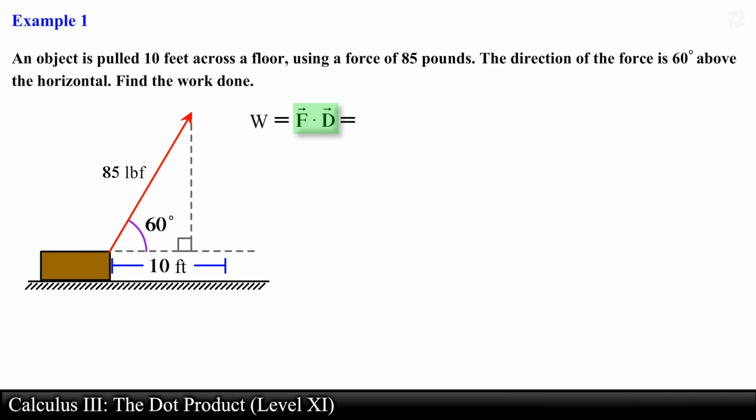Now, there are two different ways to solve this problem, since the dot product has two forms, the component definition and the geometric definition. Let's solve this problem by using the geometric definition first. We can find the work done by simply multiplying the magnitude of the constant force, the magnitude of the displacement, and cosine of the angle between the force and displacement vector.